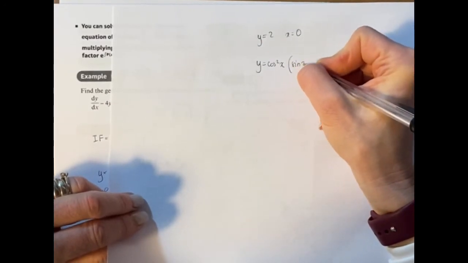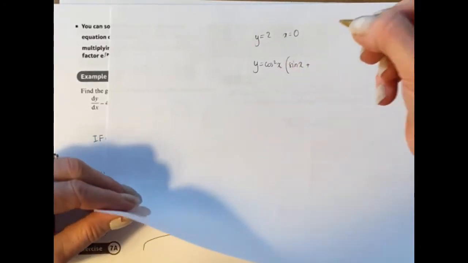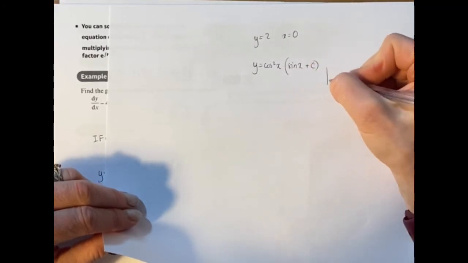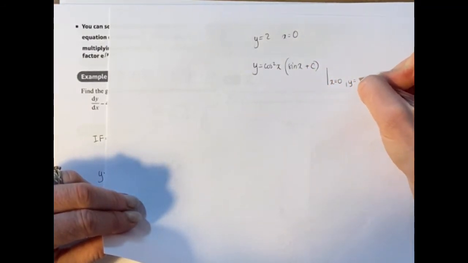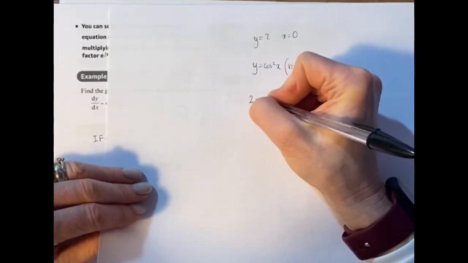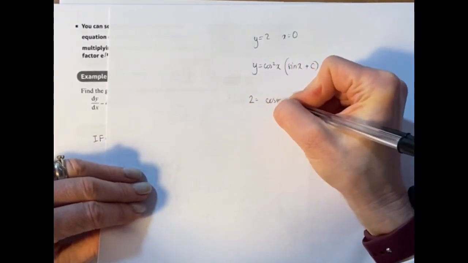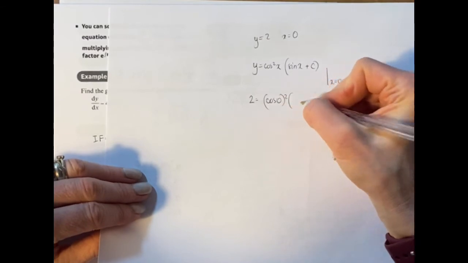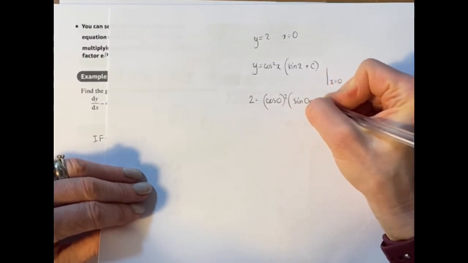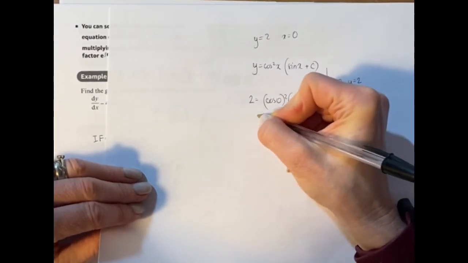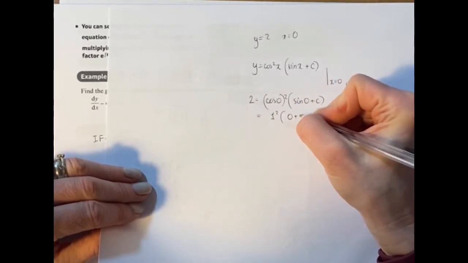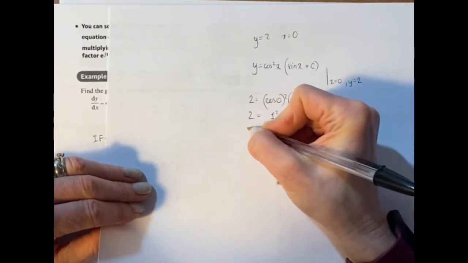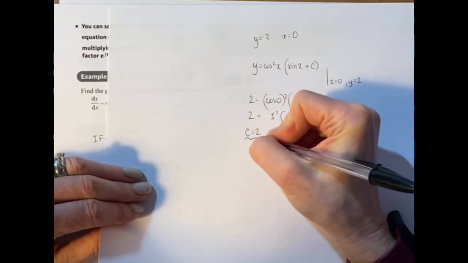To find the particular solution, we are going to substitute x as 0 and y as 2. So 2 is equal to cos 0 squared sine 0 plus c. Cos 0 squared is 1 squared, that's 0 plus c. So that gives us c is equal to 2.